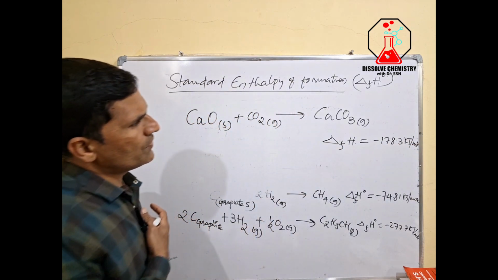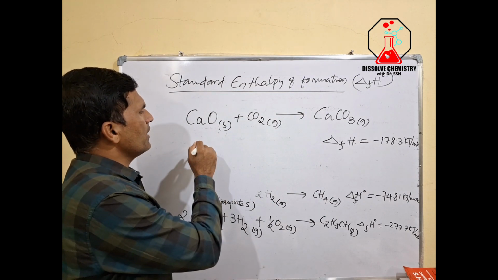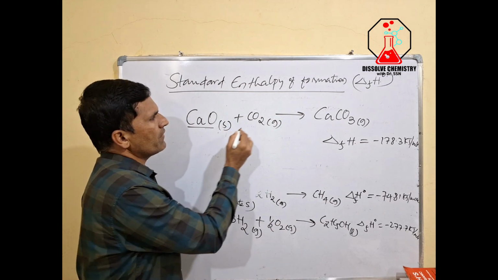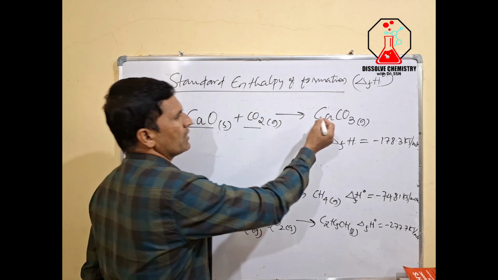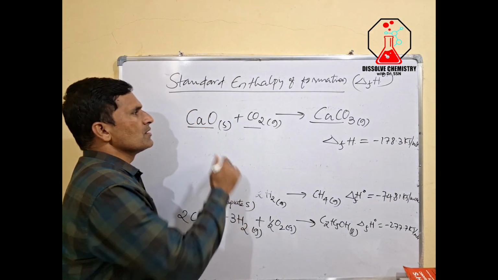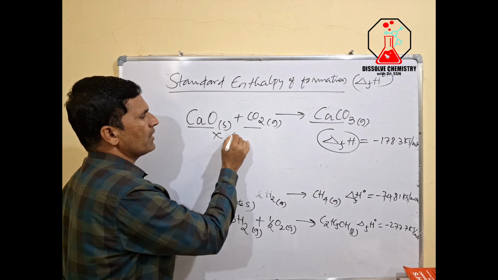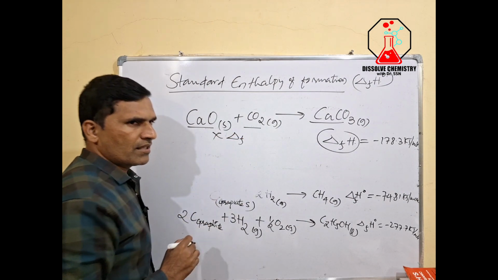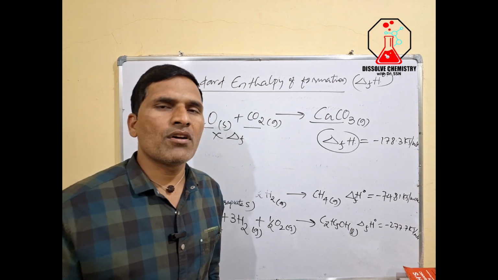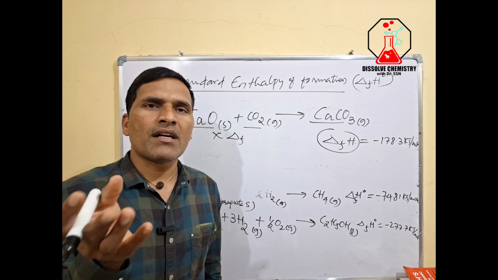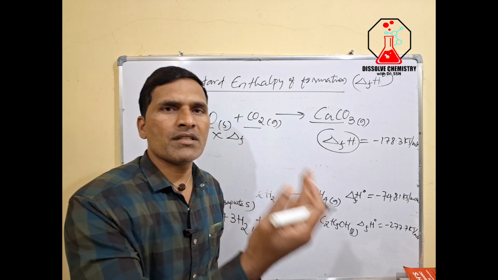Now look into this. When we look into this equation, what we see is that it is not a combination of elements; instead it is a combination of two different compounds to give another compound. So this enthalpy we won't call enthalpy of formation. What is the reason? Enthalpy of formation we only apply for those reactions where the combination of elements in their standard state leads to the formation of the compound.